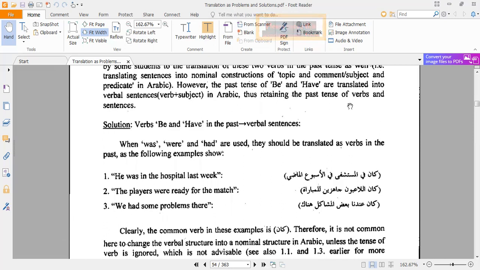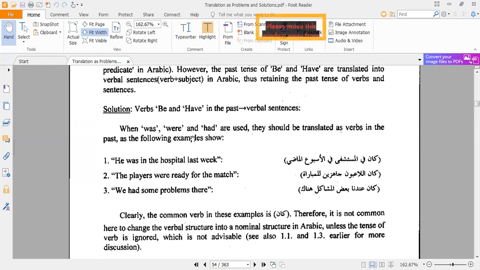في حالة الباست سيمبل لو أنا بدي أترجم الفيرب to have والفيرب to be، بستخدم كان to refer to the past. We use كان، يعني بحكي he was in the hospital last week. كان في المستشفى في الأسبوع الماضي.